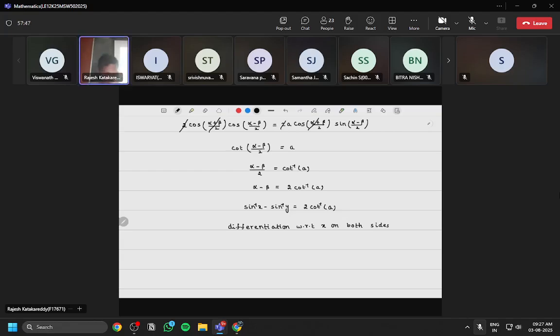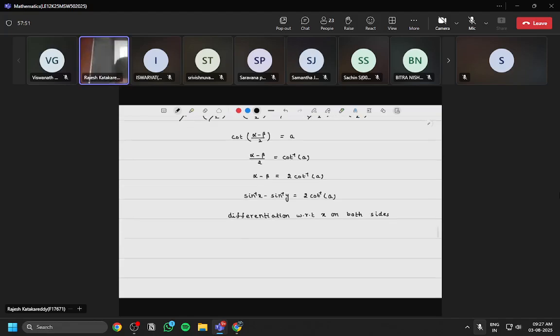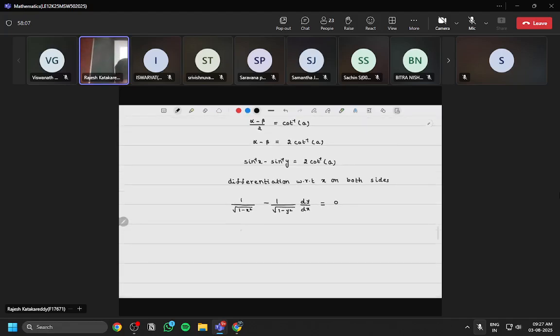Derivative of sine inverse x is 1 by root of 1 minus x square minus 1 by root of 1 minus y square into dy by dx. Right hand side is constant, 0. So I can say that 1 by root of 1 minus x square is equals 1 by root of 1 minus y square into dy by dx.